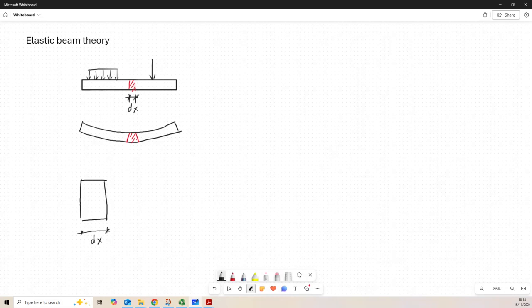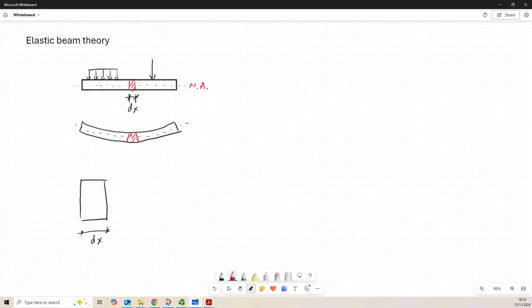Along this beam, we need to define a neutral axis. The neutral axis is that. On this axis, there's no deformation. So we draw the neutral axis like this.